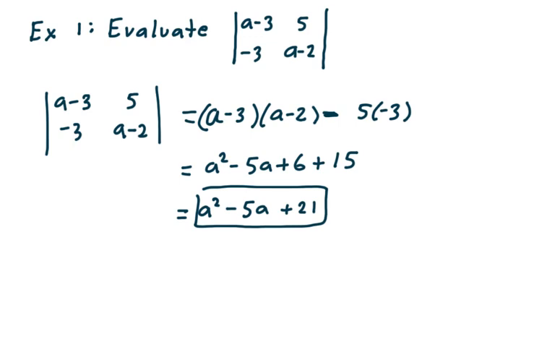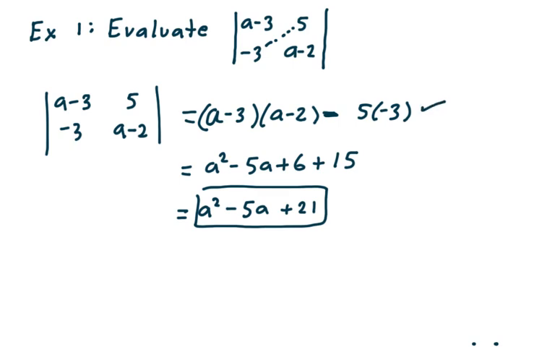So if we take the determinant of this matrix, we get A minus 3 times A minus 2. So I multiplied the entries along the main diagonal, and then I'm going to subtract off the product of the entries along the other diagonal. So in other words, I'm going to subtract 5 times negative 3.